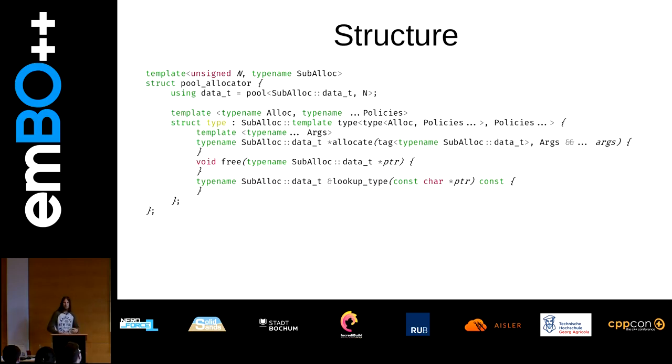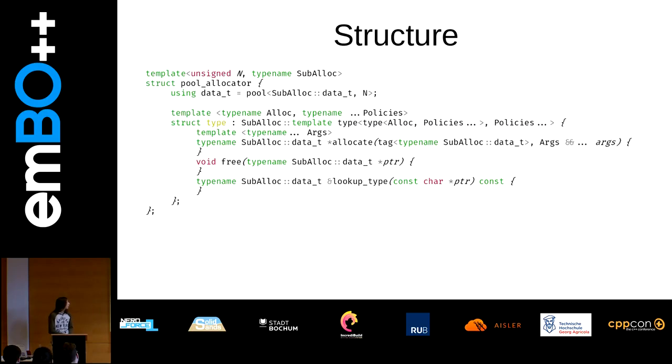Because the root nodes need to access the data type of the allocators below it, we have the data type available in the allocator here. So for example, this pool allocator has a data type of a pool. Whenever it says I want to allocate a pool, the parent allocator can say, okay, I can allocate a pool, and then give it to this allocator.